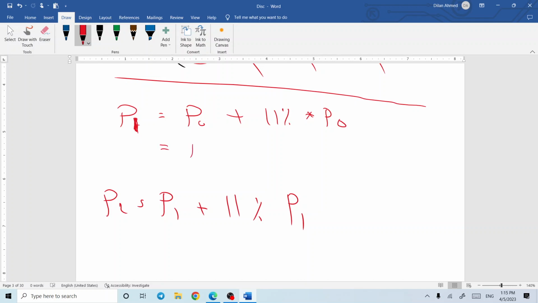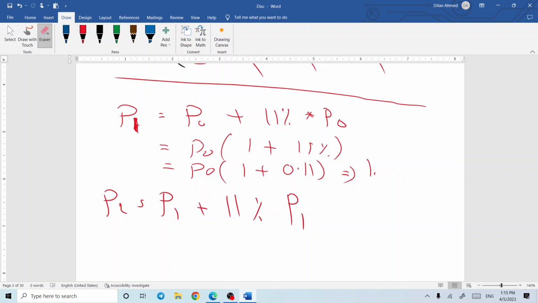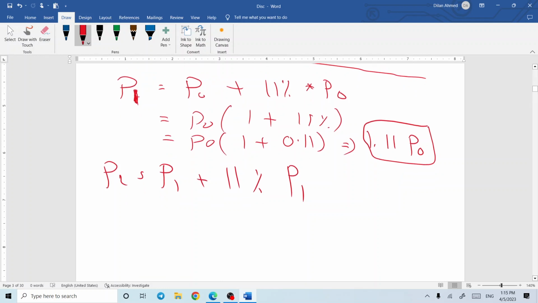I say P naught is a common factor, and I will get 1 plus 11%, which is P naught times 1 plus 0.11, equal to 1.11 P naught. So the rate of the interest is 1.11 per year.